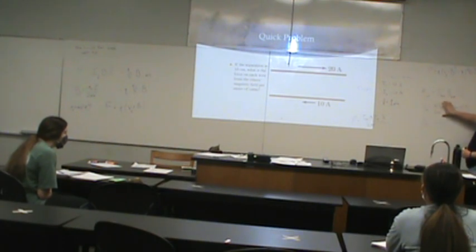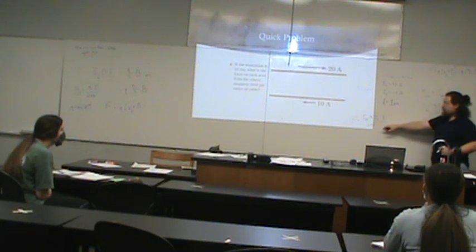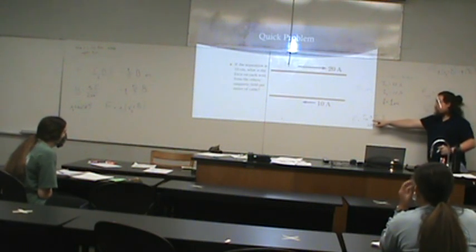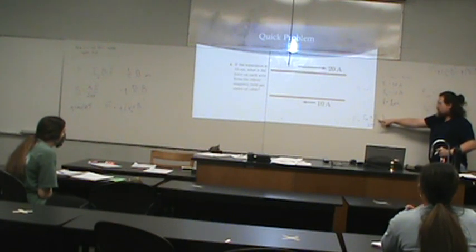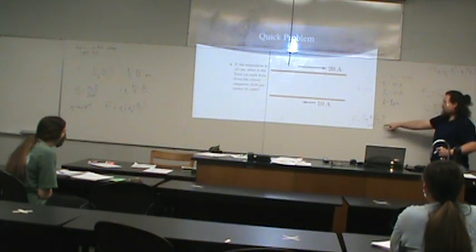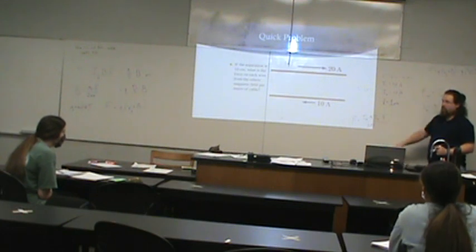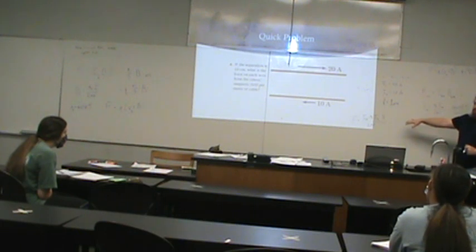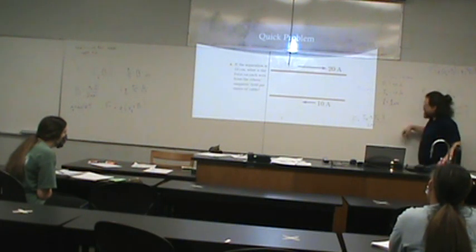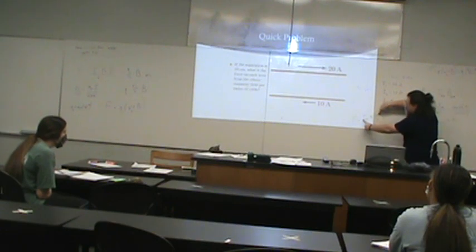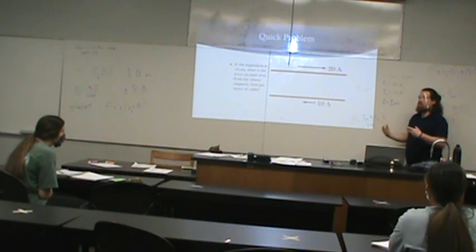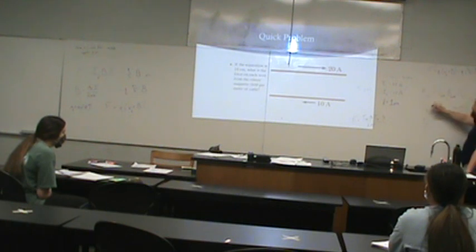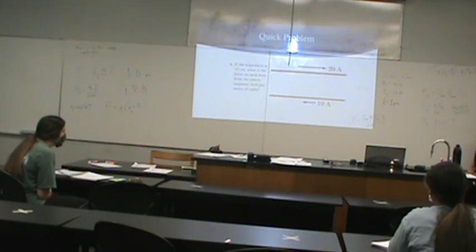So substituting this in for B, that would leave us with force is equal to current 1 times permeability constant times current 2 times length divided by 2 pi r. All mixed together like this, it actually doesn't matter which wire's perspective we're looking at, because theoretically we could just swap where we wrote these two numbers and it would be the same as if we'd started from the 10 amp wire and were finding the magnetic field of the 20 amp wire.